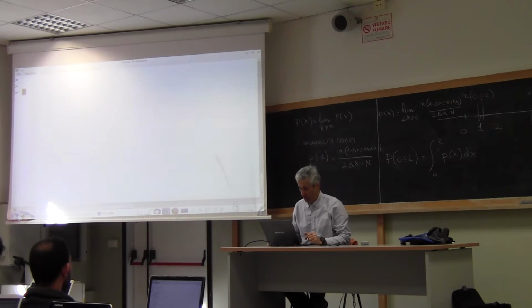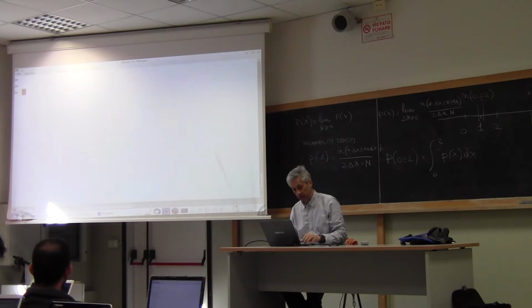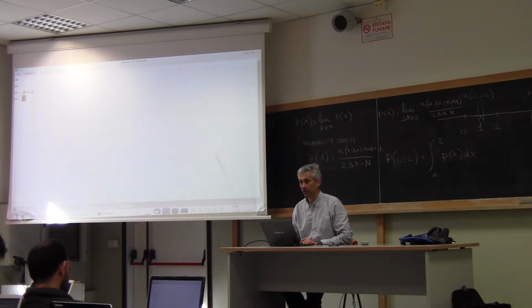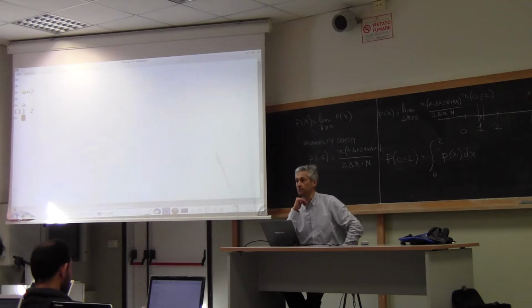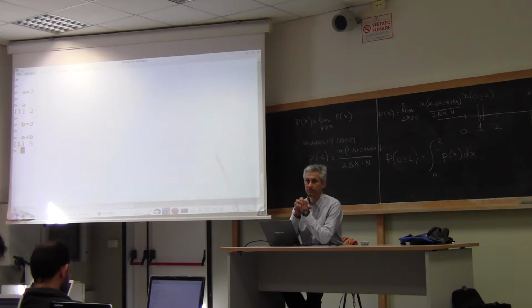Now, the second important learning: A equal to 2, defining variables. If I type A, I get 2. Then I can operate with variables: if I set B equal to 3, I can write A plus B, and it's 5.